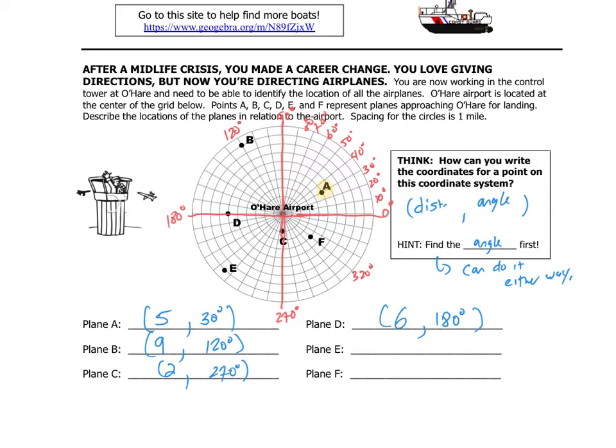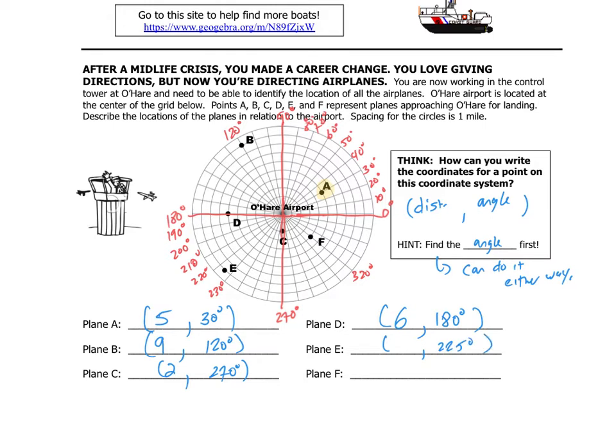Point E, the angle is not on one of the rays that's shown. So let's figure out the angle here. So I had marked 180 earlier. So the next one is 190. The next ray is 200, then 210, then 220, and then 230. And E looks like it is midway between 220 and 230 degrees rotation.